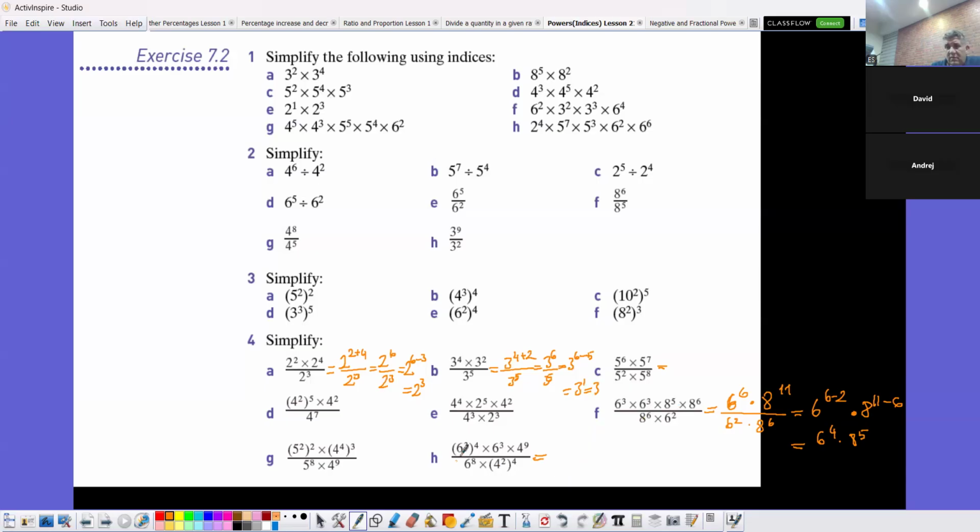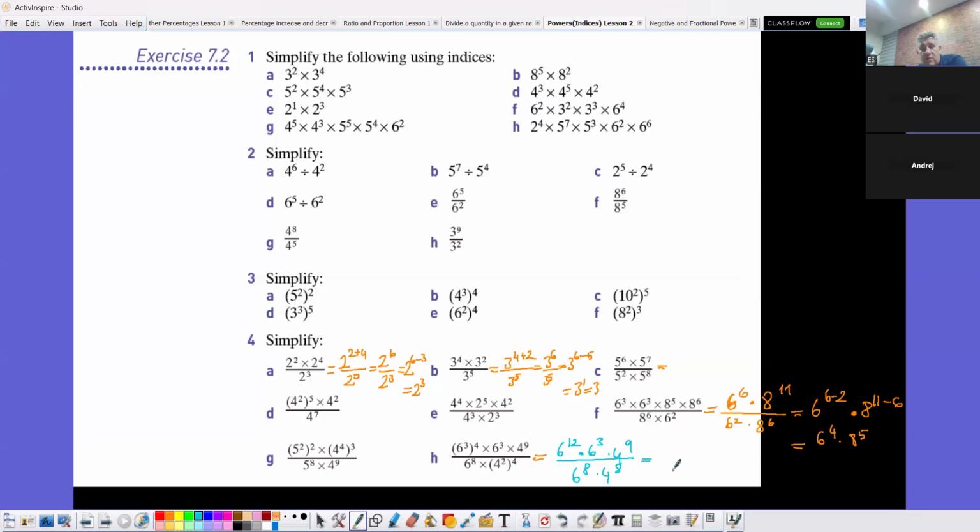And here, this is the last question. It's going to be from this topic. Here we have 6 to the power of, firstly, 3 to the power of 4, which is equal to 6 to the power of 3 times 4, that's 12, times 6 to the power of 3 times 4 to the power of 9, then divided by 6 to the power of 8 times 4 to the power of 2 times 4, 8 it has to be.